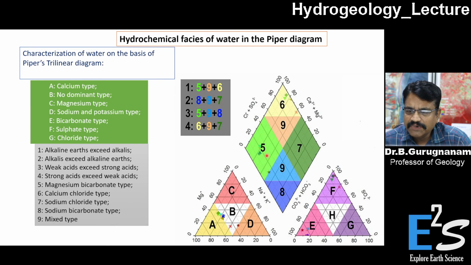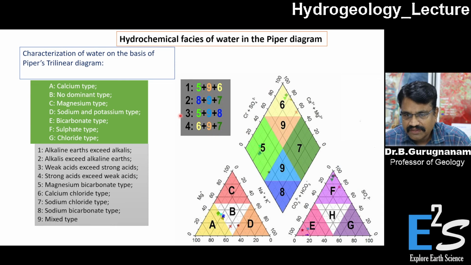How 9 classes? I could see only 5, 6, 7, 8, 9. How come 9? Yes, 1, 2, 3, 4 are over here. What is 1? 1 is 5, 9, 6, so this is 1, right? This is 2: 8, 9, 7. If you group all this together, it is 2.